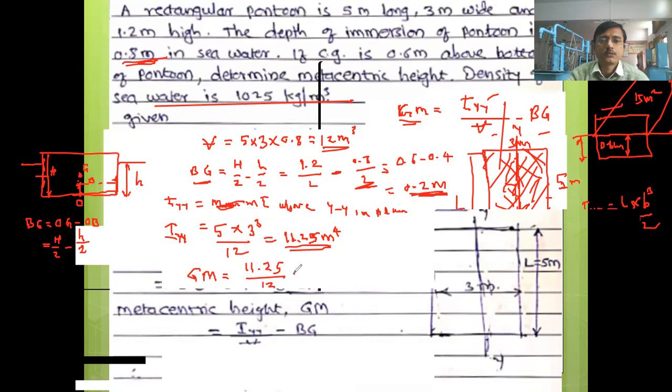It is 12 minus BZ. How much is it? 0.2. Solve it now: divided by 12 minus 0.2. How much has it come? 0.7375 meter.